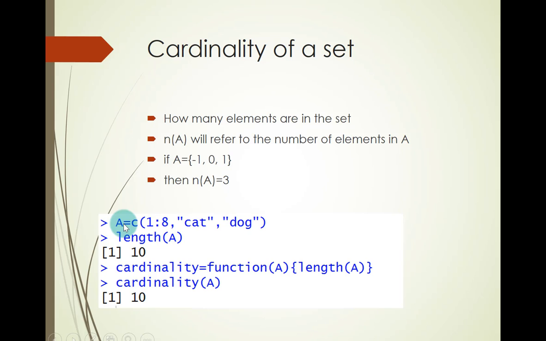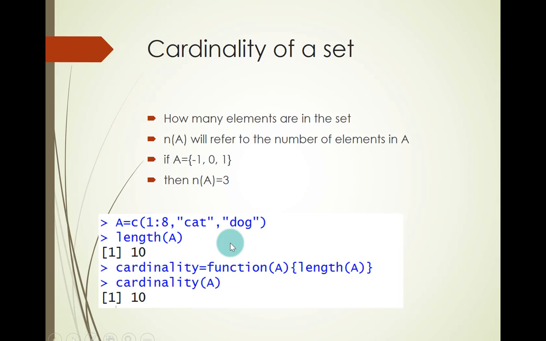Okay, so if we want to define cardinality for this set A, now A is a vector, but it can also in some ways be thought of as a set. But we have to be careful, because if you repeat an element in a set, we say the set only contains one of each of those elements, even though they're repeated several times.